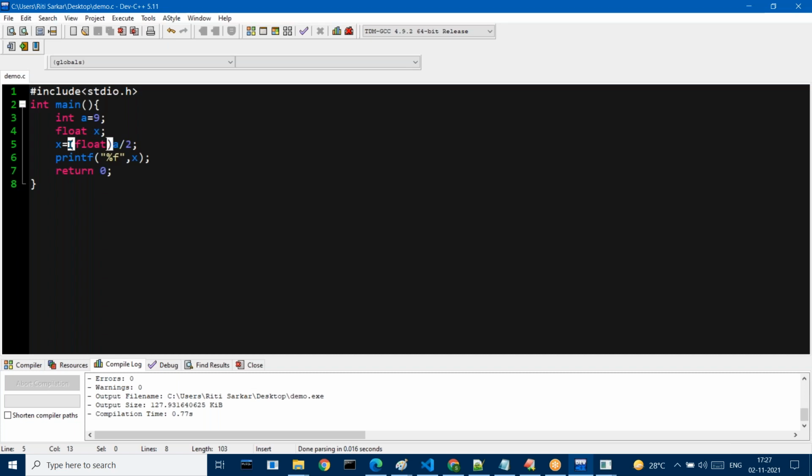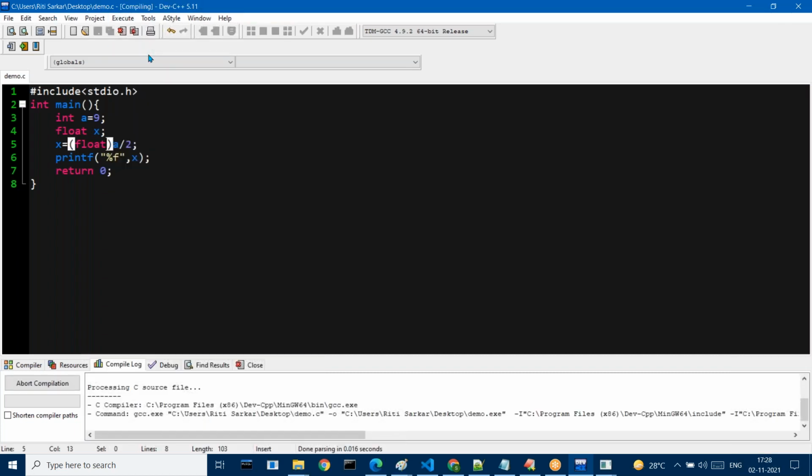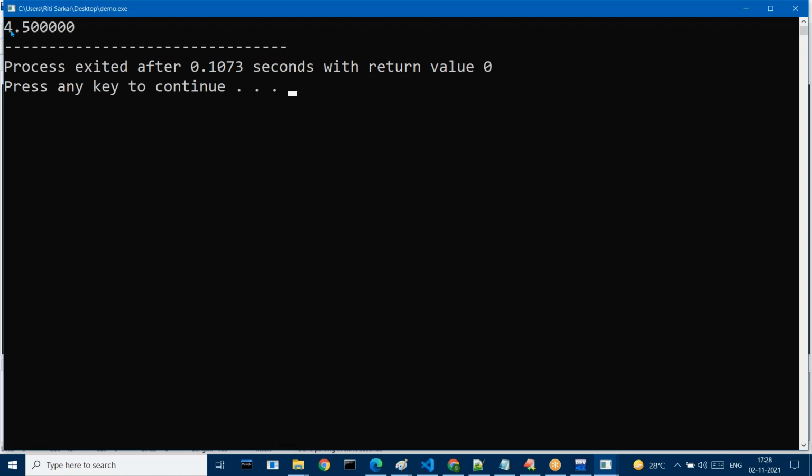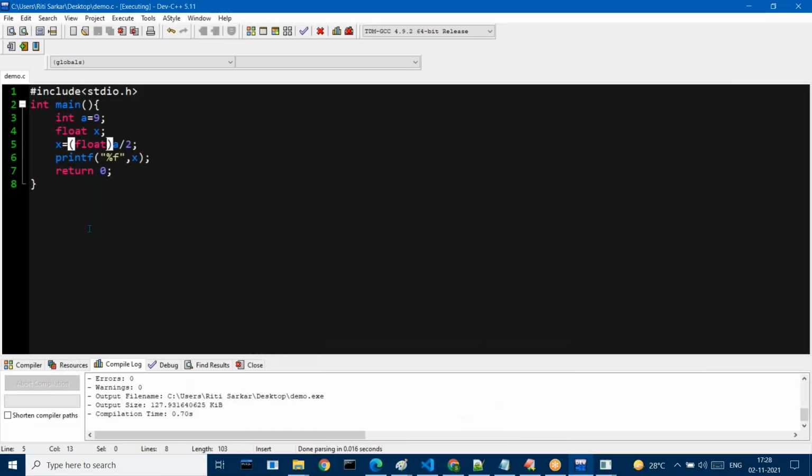What is the output in this case? Yeah, 4.5 followed by 5 zeros. 4.5 followed by 5 zeros.